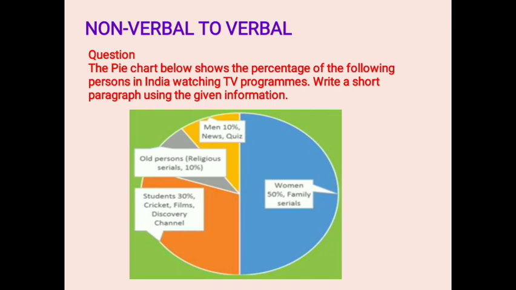Next, in the yellow section, we have men 10%, news, quiz. Grey portion, old persons, religious serials 10%. And finally, the orange section shows students 30%, cricket, films, Discovery Channel, etc.